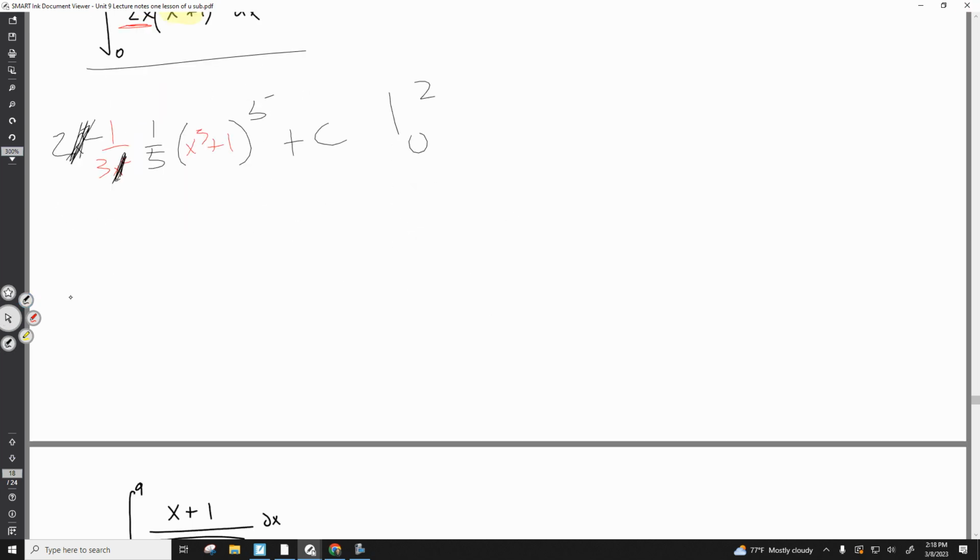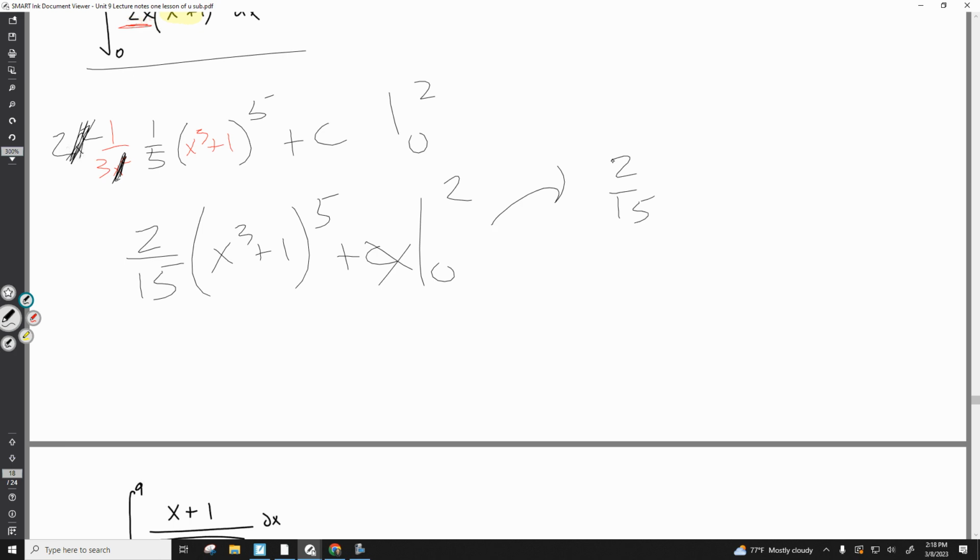I get 2/15, x cubed plus 1 to the 5th, from 0 to 2. Now, it's going to be something that I don't want to simplify. And that's okay. We're okay with that. 2/15, 9 to the 5th, minus 2/15, 1 to the 5th. That is my area.